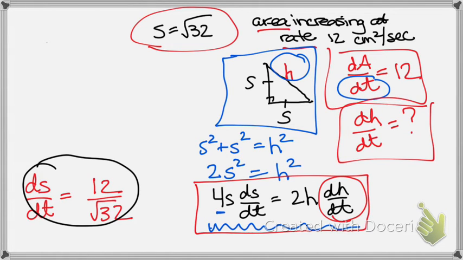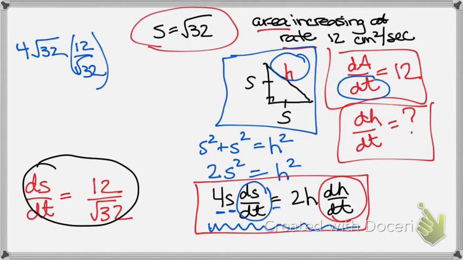I've got a 4, S was square root of 32, ds/dt, which we just found, equals 2h, h I don't know, I'll have to find that in a second, and then dH/dt. dH/dt is the question.